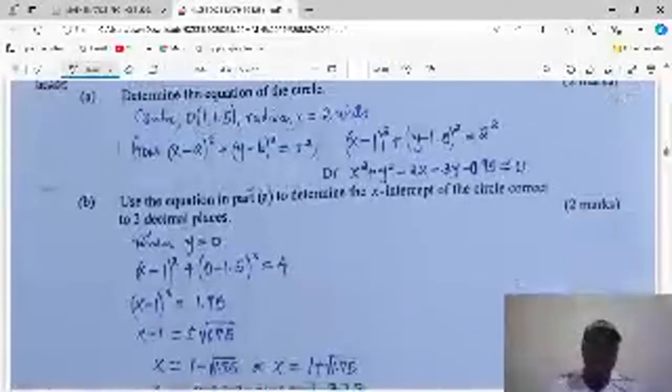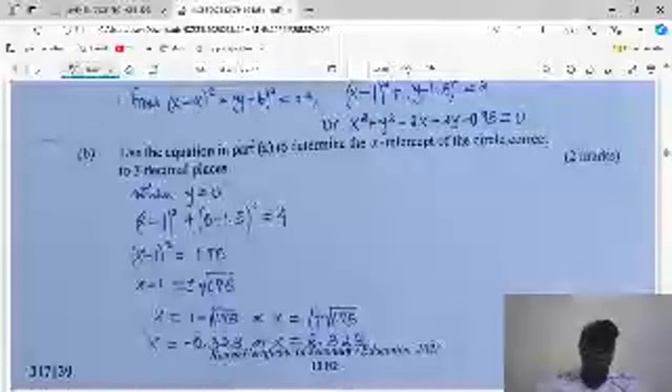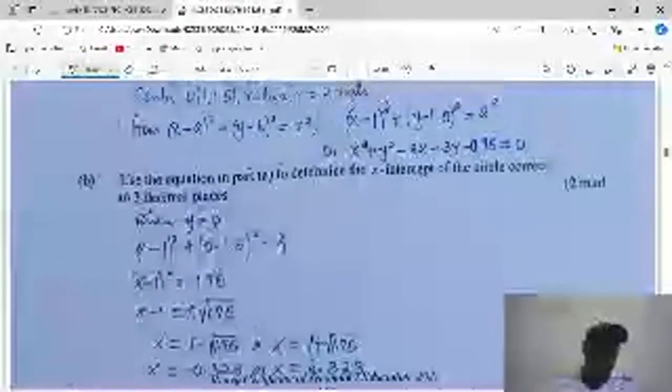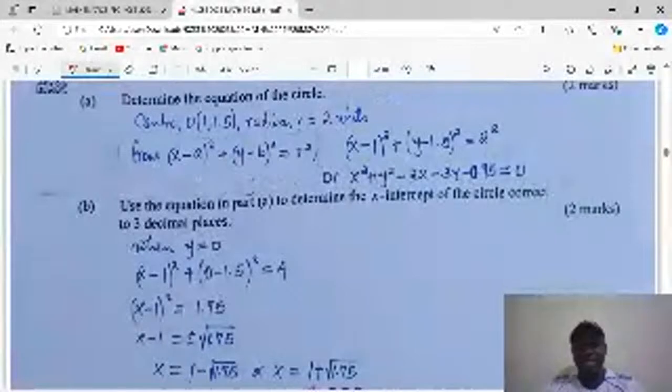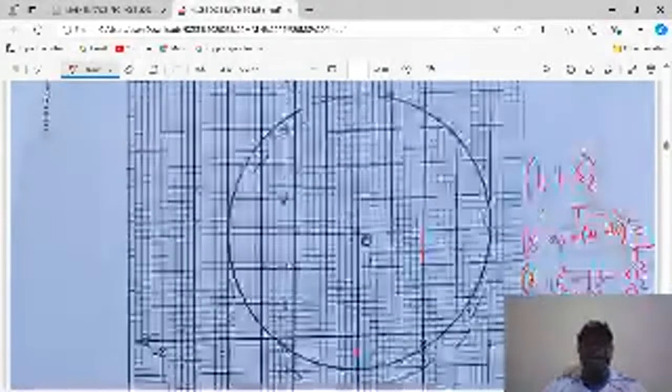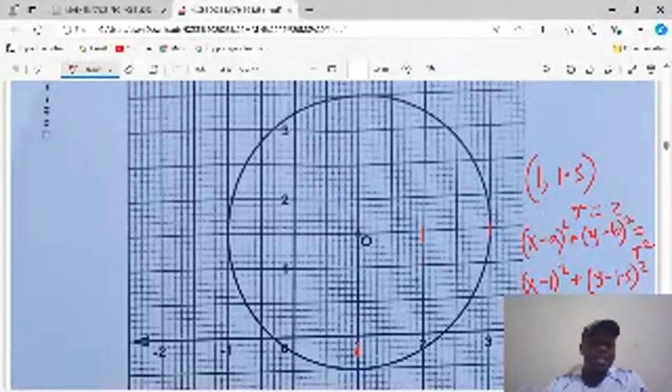Okay, we are told in part B, use the equation in part A to determine the x-intercept of the circle correct to 3 decimal places. You know, the x-intercept can be read from the circle itself. It is the point where the circle is cutting the x-axis.